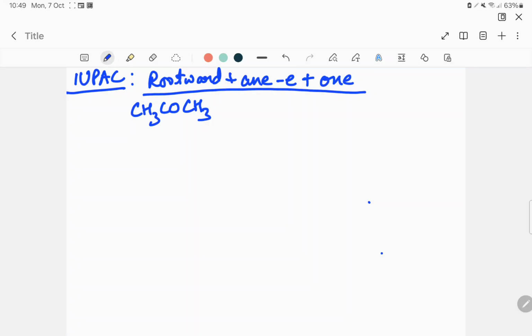This is the first member. The minimum number of carbon atoms which can be present is 3. Less than 3 cannot be present in ketones. According to 3 carbon atoms, it is going to be propane minus E plus one, propanone. So the name will be propanone.